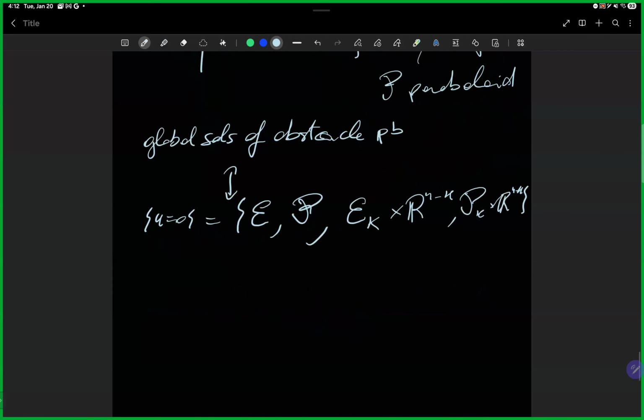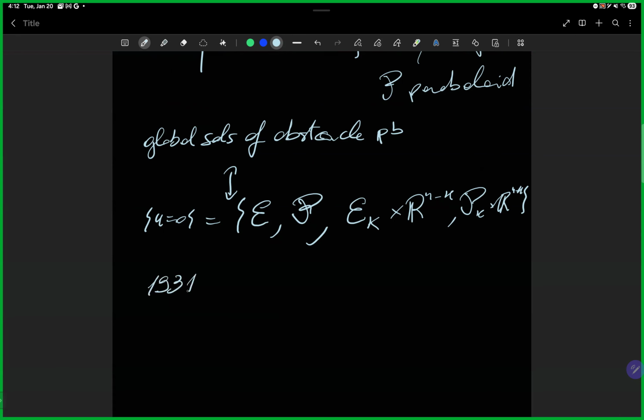So this is a list of solutions. Is this everything? Can we classify global solutions? Is there something else? This is a question that has been investigated since the 1930s.